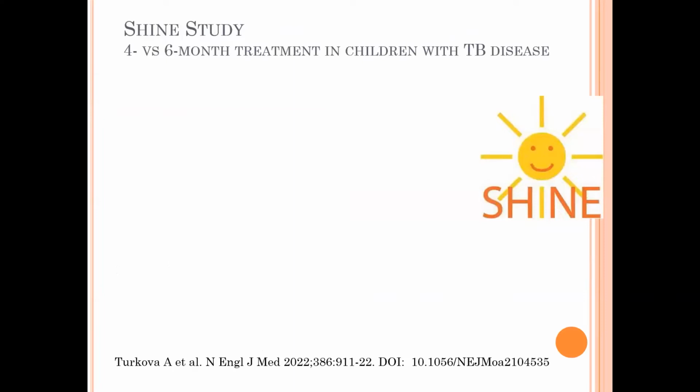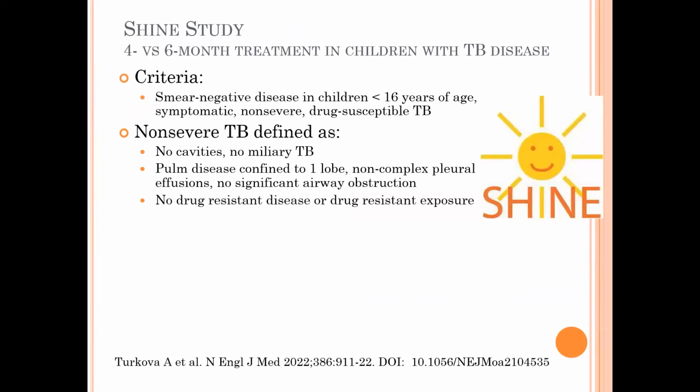The SHINE study was published in the New England Journal of Medicine this year. And this was a wonderful study, very well done. They looked at children that were under 16 with smear-negative disease, asymptomatic, not severe, and drug-susceptible TB only. And they defined non-severe TB as no cavities, no miliary disease.